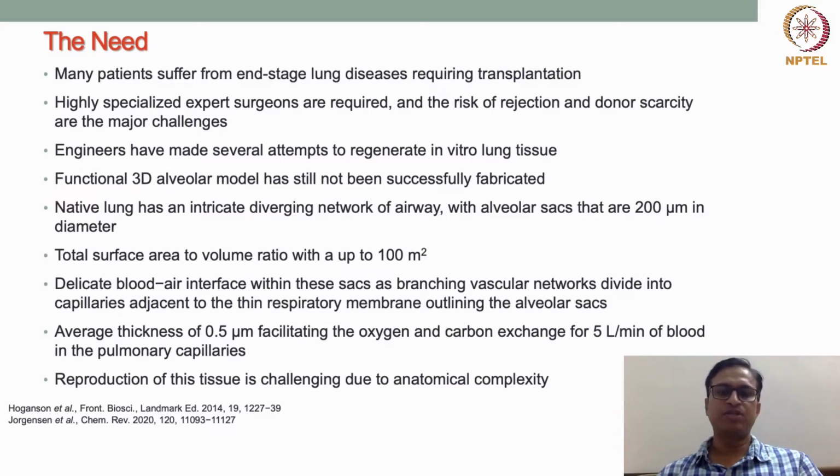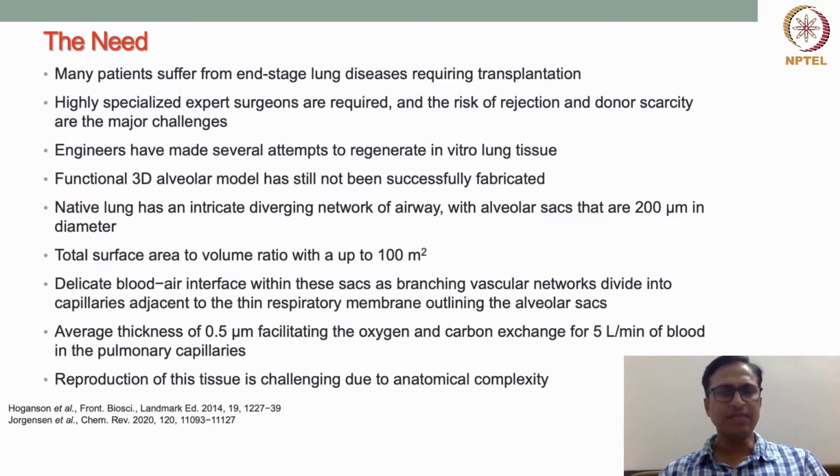Because of the presence of multiple alveolar sacs, the total surface area to volume ratio is very high for these intricate structures, almost up to 100 square meters. Because the surface area is so high, the gaseous exchange in the lung is very efficient because of this alveolar structure.